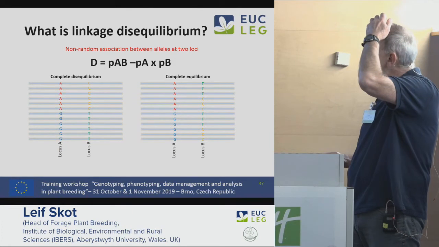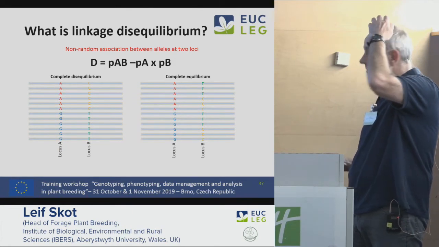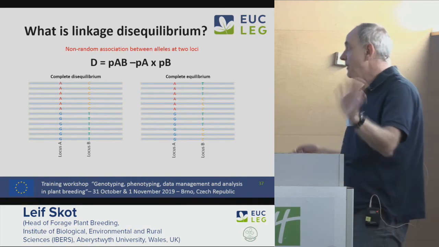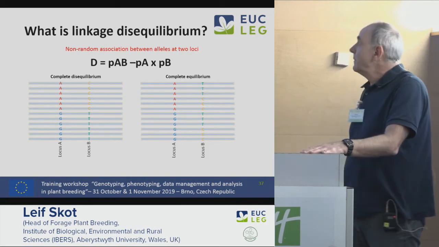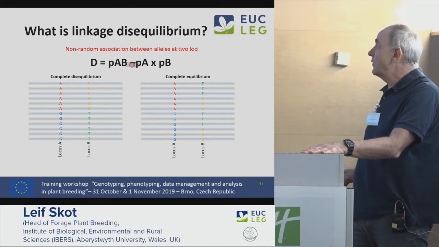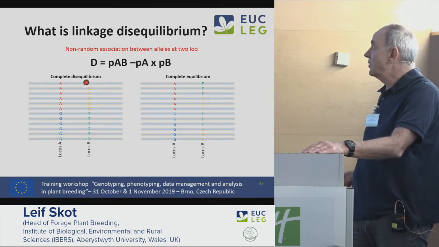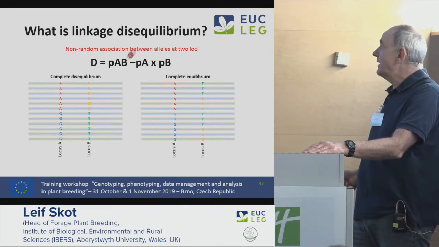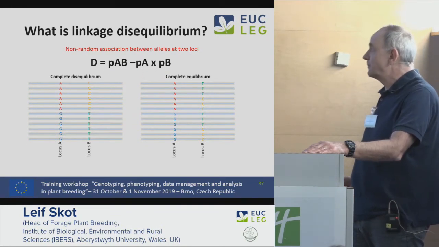I will then go on to explain a little bit about linkage disequilibrium. You have to forgive me if it's a bit too basic for you. So what is linkage disequilibrium? It's a non-random association between alleles at 2 loci, a difference between the probability of those 2 loci occurring together versus the independent probability of them.